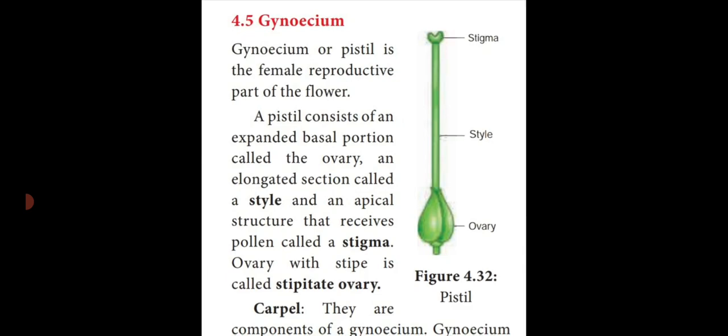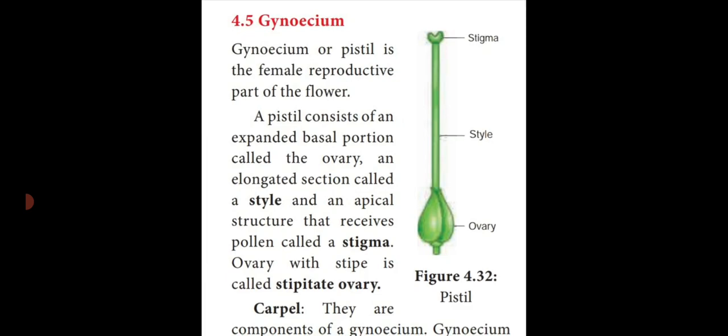In this region only, the pollen grains which are transferred by wind, water or insects land on a region of the gynoecium known as stigma.